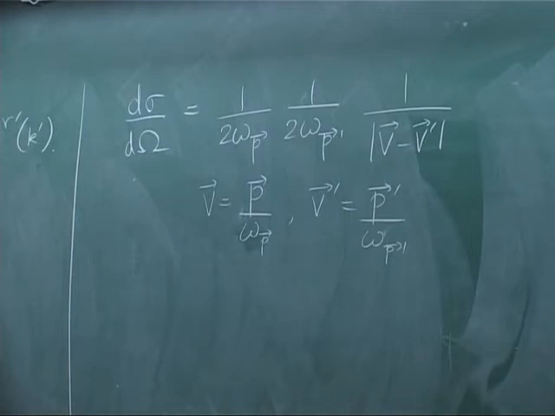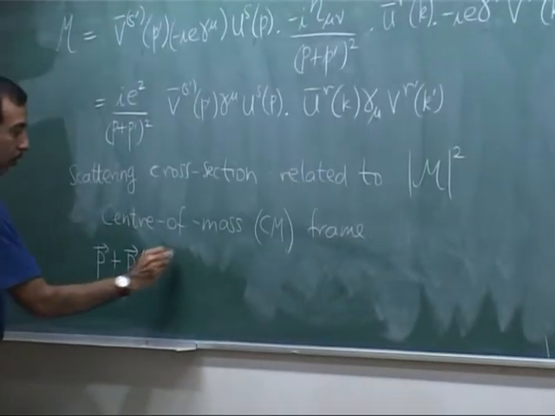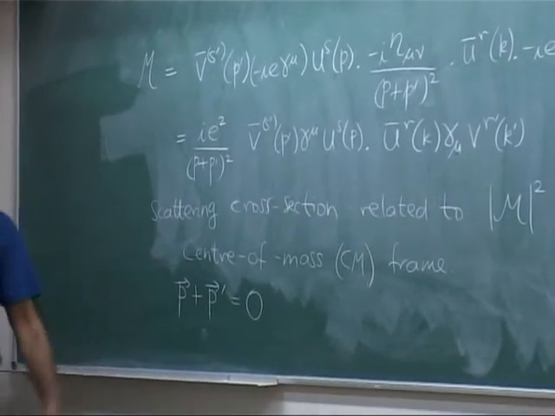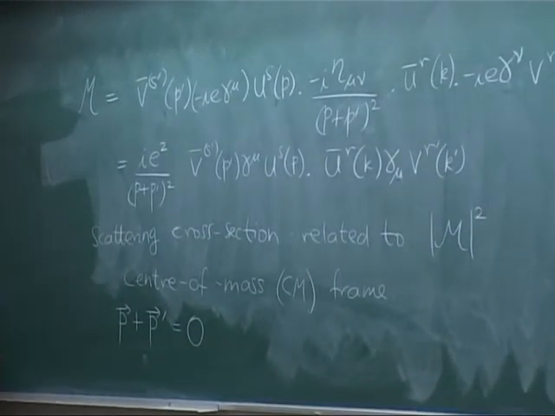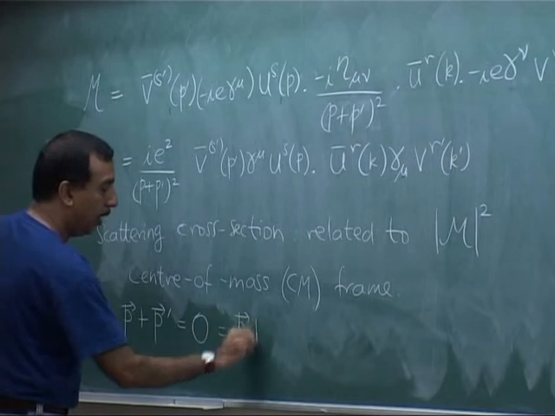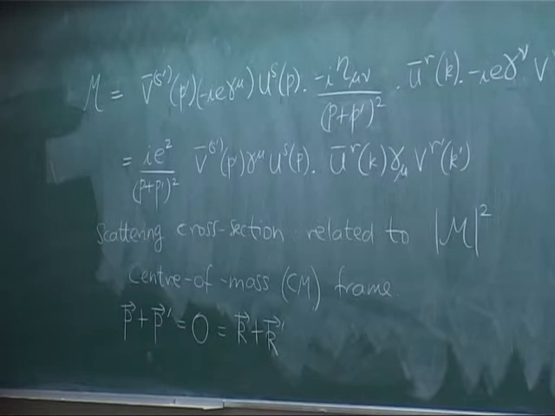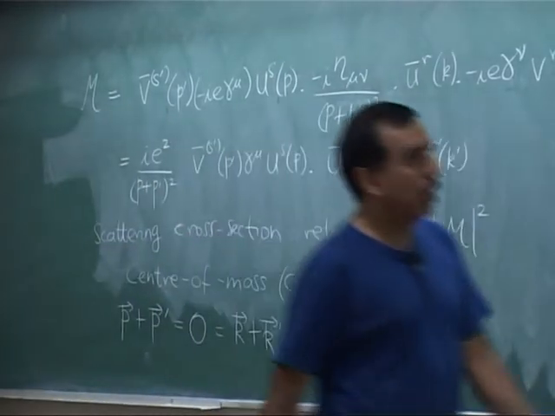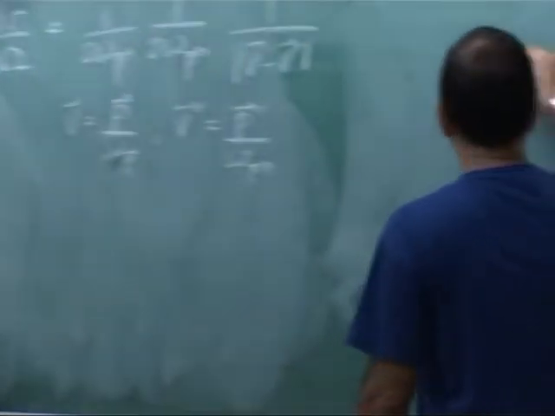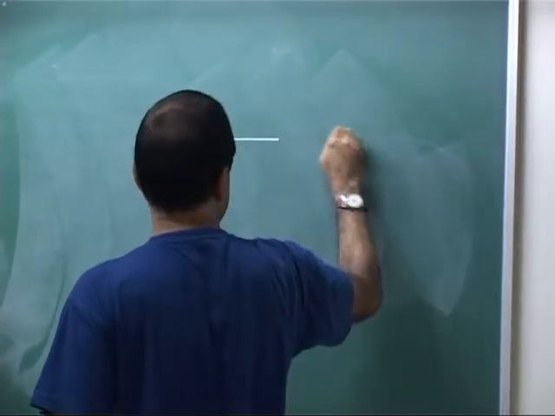So therefore, P plus P prime will be taken to be 0. The 3 momentum is equal and opposite, and by conservation, K and K prime will also add up to 0. What's the physics of this process? It's not time flow now, it's a spatial picture of the process.